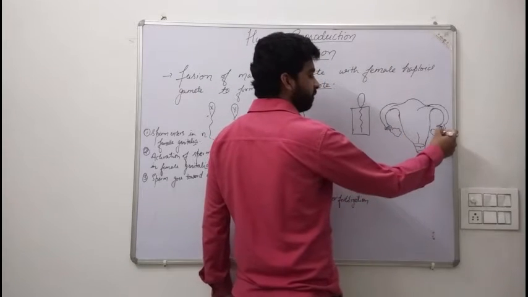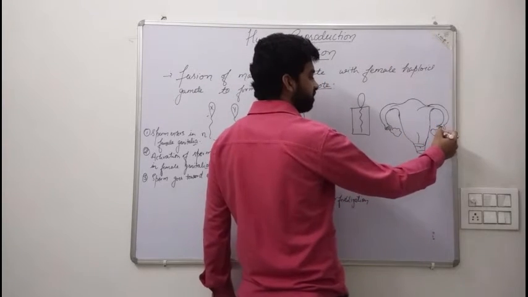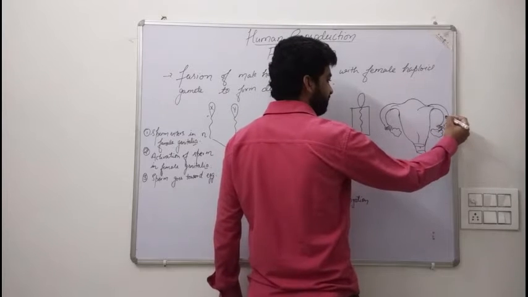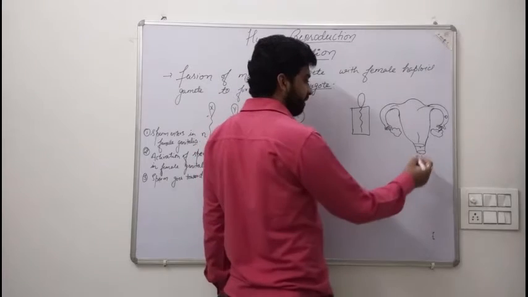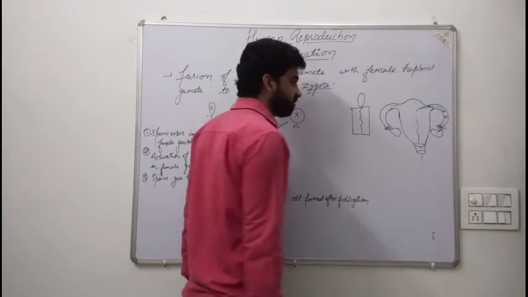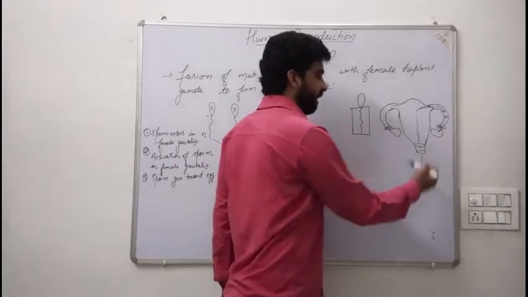If the left ovary ovulates in a month and an egg reaches the ampullary region, then sperm enters simultaneously and fuses with this egg.